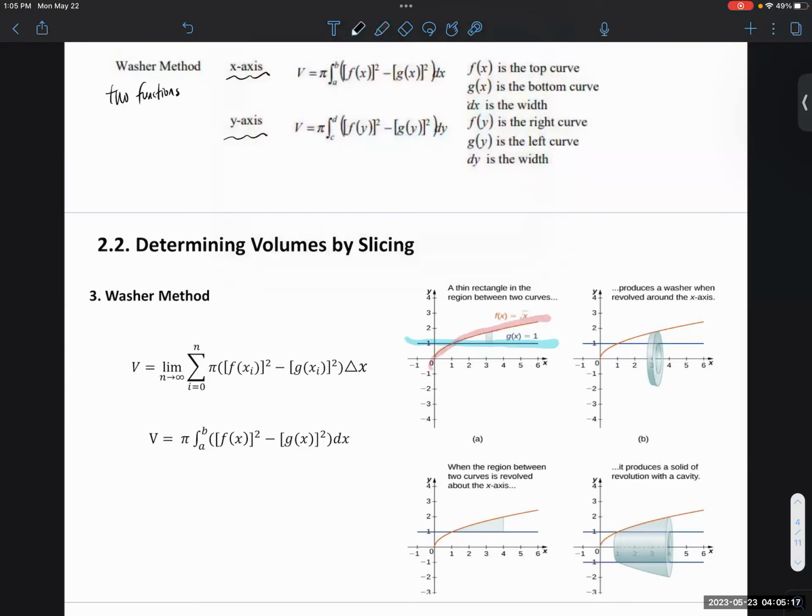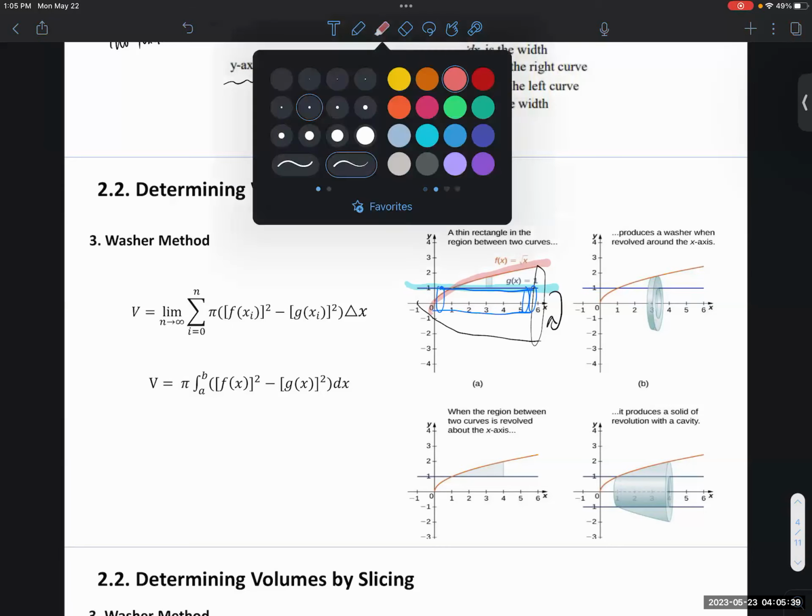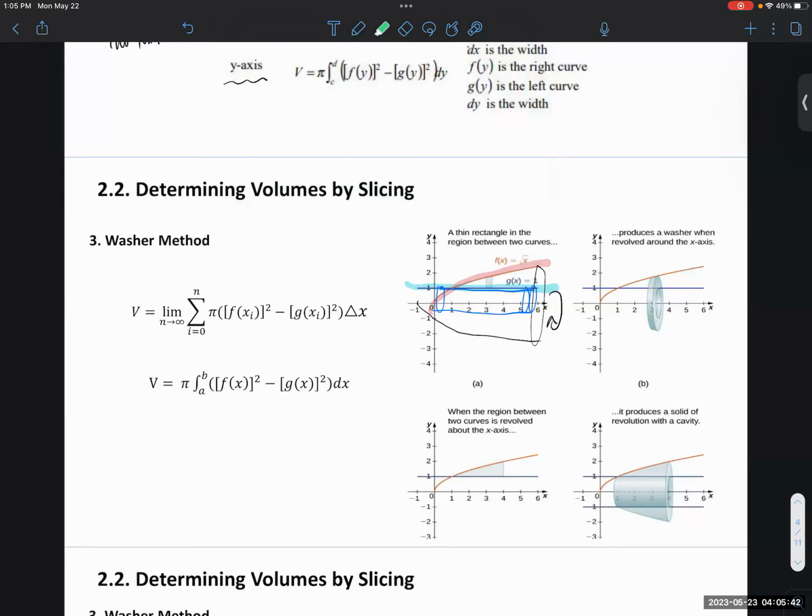I'm going to rotate those 2 functions about the x-axis at the same time. The red one is going to create a large circle. And if you rotate this horizontal line, you get a smaller circle. What we are looking for is the area between them, correct? So the volume we are looking for is the part in between.